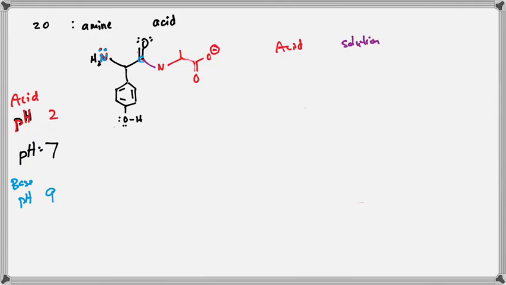Okay, so for the acid, we said it dealt with protonation states. Is this protonated or deprotonated? It's protonated. So this would be my protonated state. What happens if it becomes deprotonated?